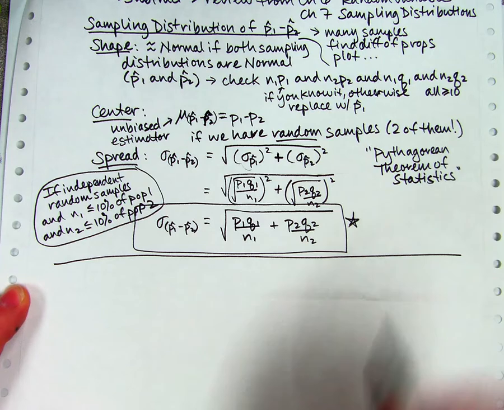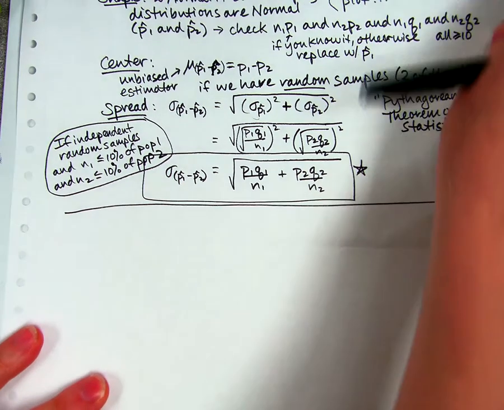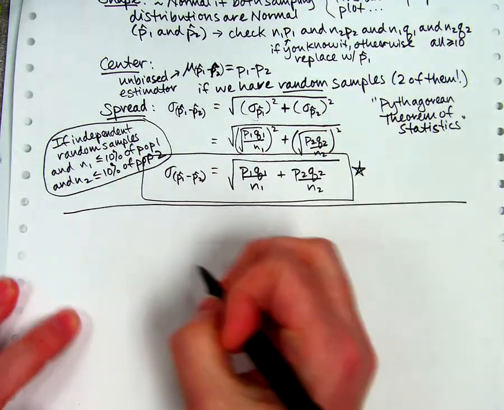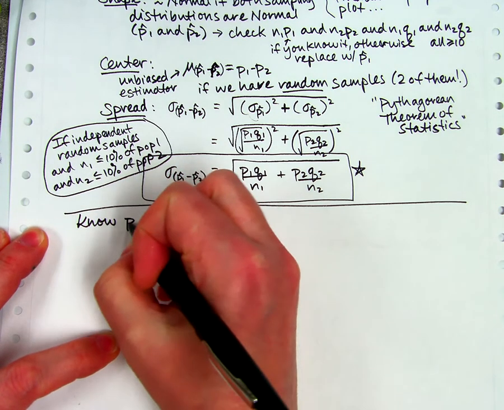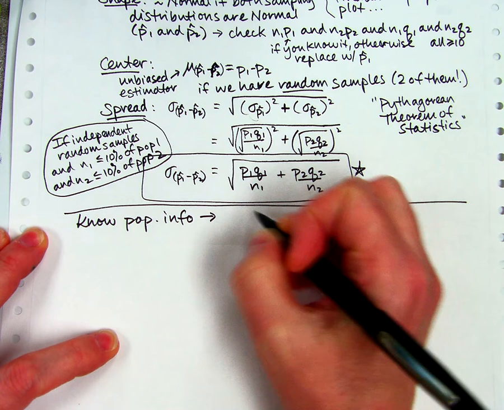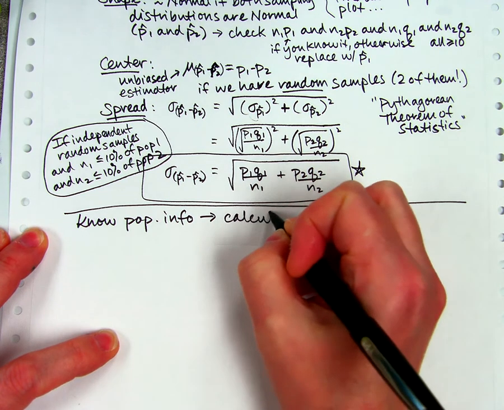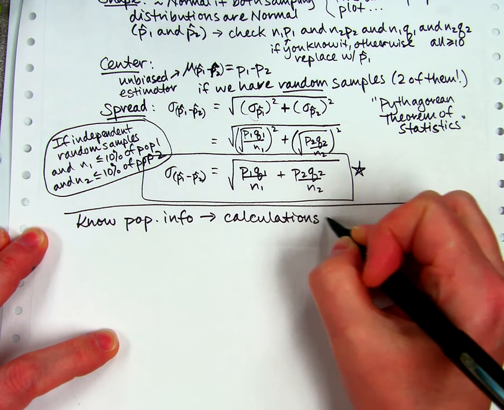So what are we going to do with this? The first thing we're going to do, and then we're putting off some of it until the next lesson, is if you know some population information, we can do calculations of probabilities based on that, and that's not even inference. That's stuff we did in chapter 7.